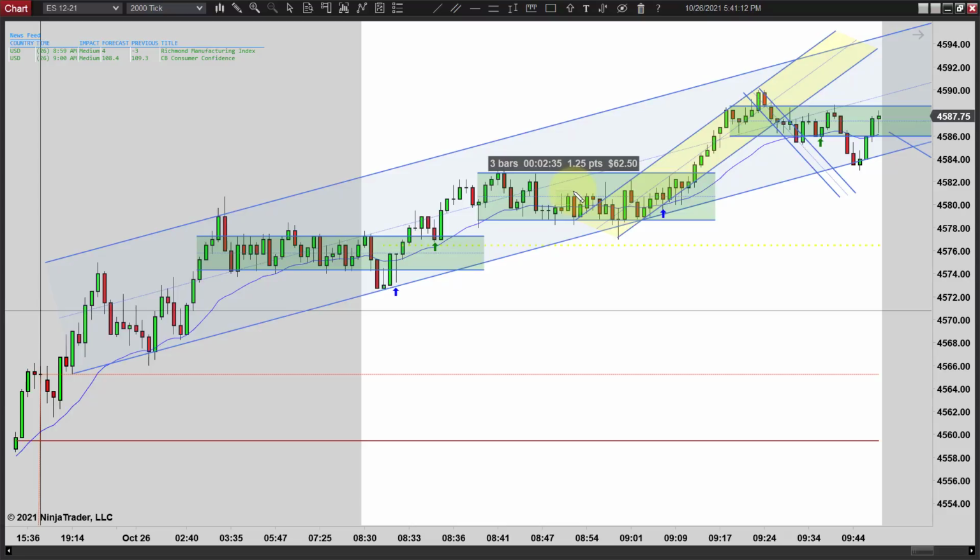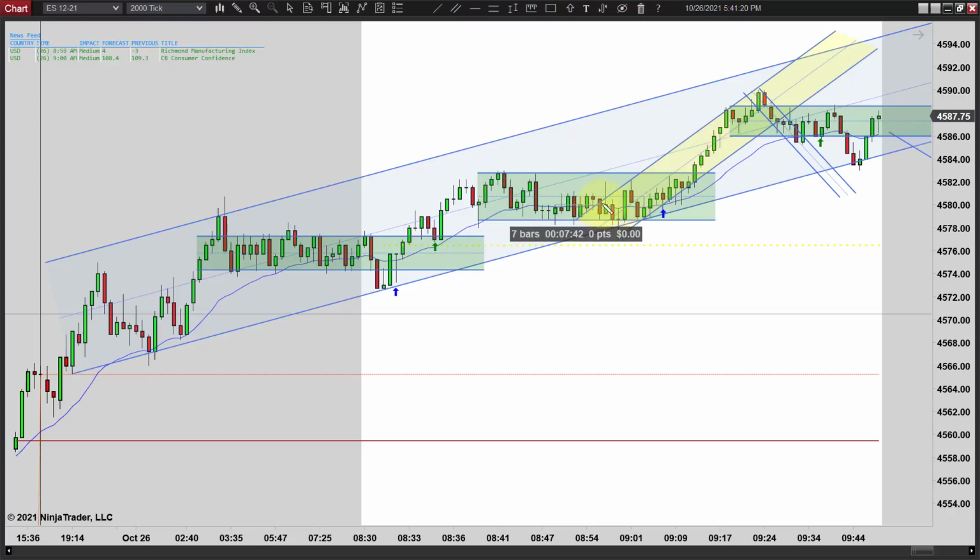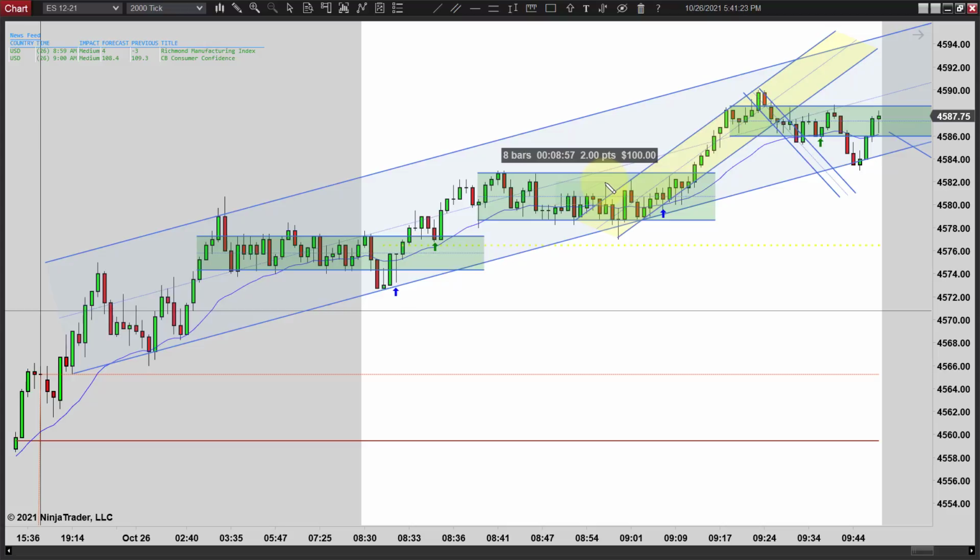Looks like there's only 5 ticks, so that would have been a 4-tick failure on you, and actually, you probably wouldn't have got stopped out. You would have had to ride all this out, but it did end up getting too, so you wouldn't have got stopped out on that. But I don't recommend that trade because you could have easily gotten stopped out there, and you could have easily gotten stopped out here before it pushed up there a little further.